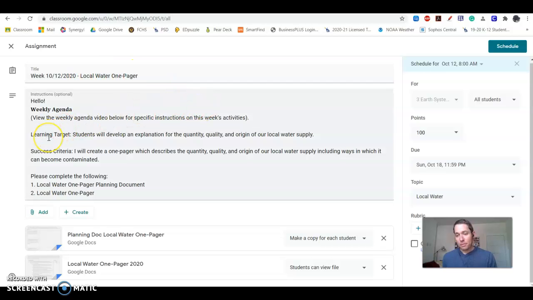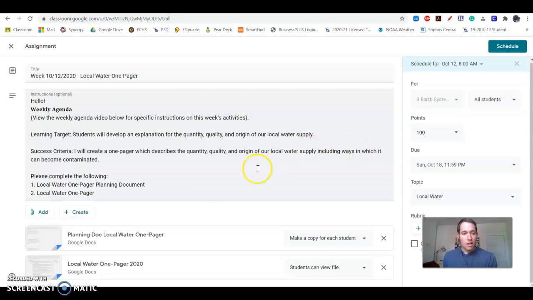We're going to be wrapping up the learning target that we've had for the past several weeks, right? Developing an explanation for the quantity, quality, and origin of our local water supply. And our success criteria is going to be to create a one-pager that describes that, but also includes some ways in which that water can be contaminated, specifically tying in some wildfire potential.